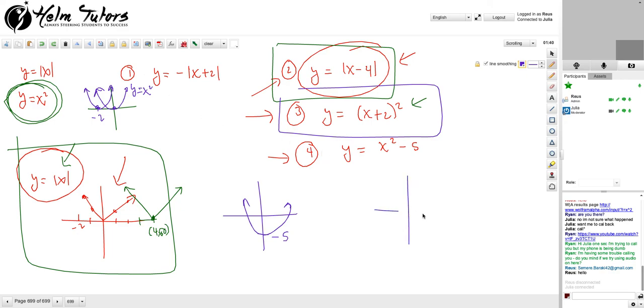First of all, our baseline now is the V, the absolute value, since 1 has absolute values in it. But I did 2 things to it. What are those 2 things that happened? You add the value within the absolute value part, and then you type in negative. Yeah, exactly. So the inside plus 2 is going to be a left or right, and it's going to be to the left since it's plus, right?